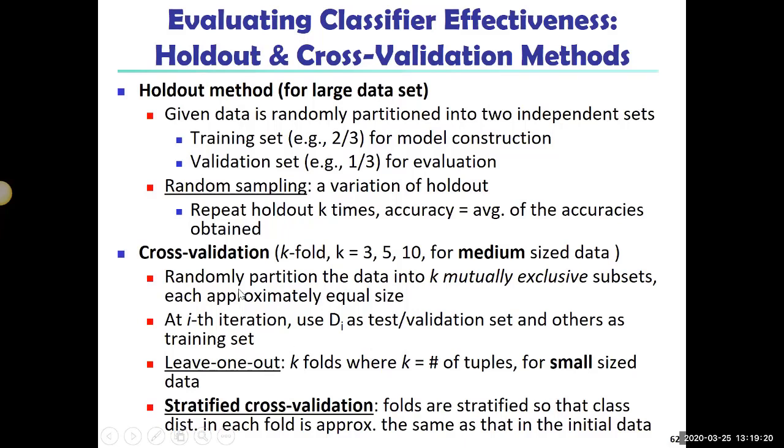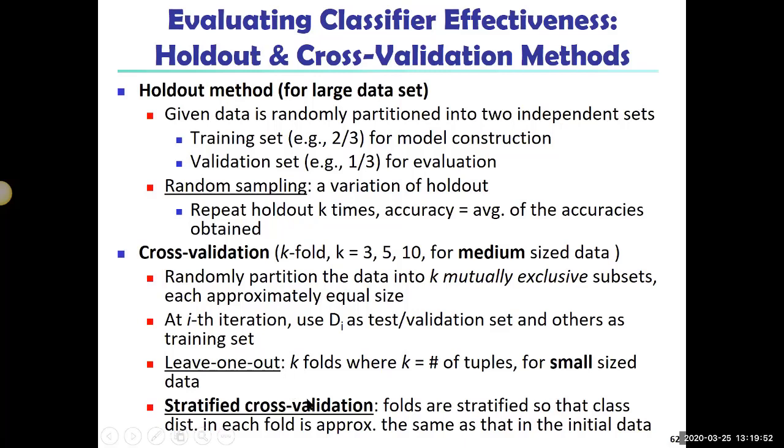A variation of cross-validation, used when the data set is very small, is leave-one-out. Every time you leave only one out. So if you have 100 training examples, you use 99 to train the model and test the model on the last observation.